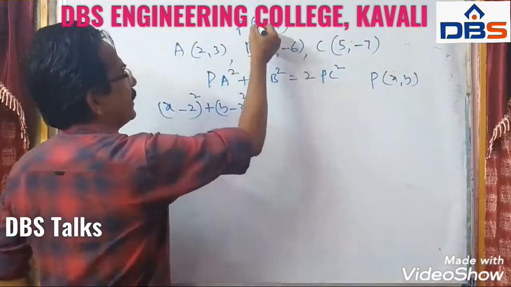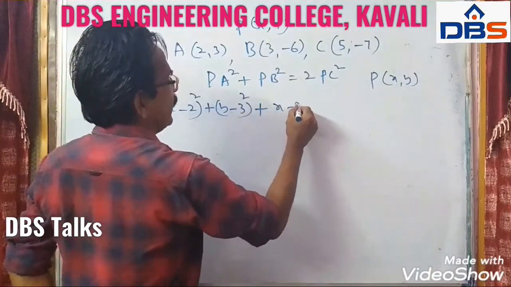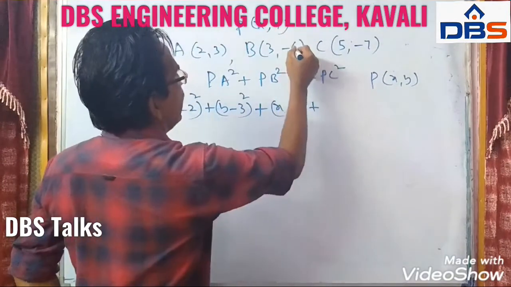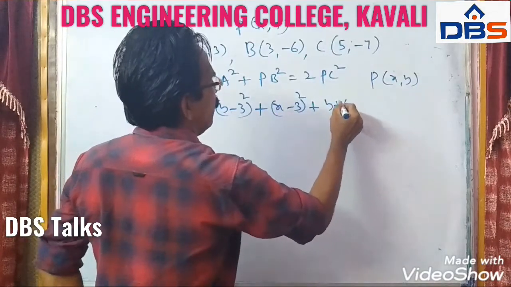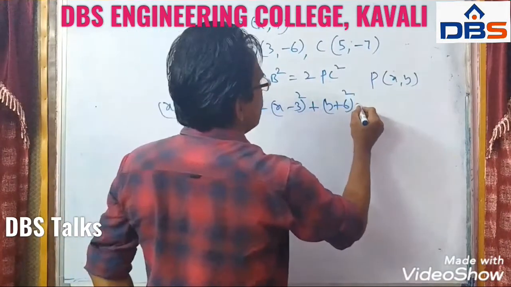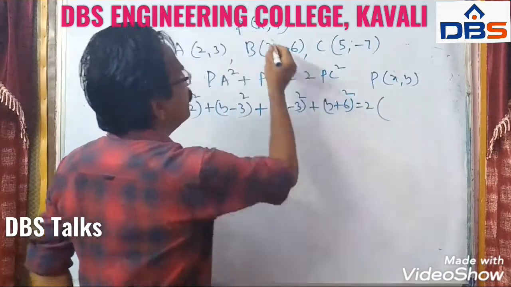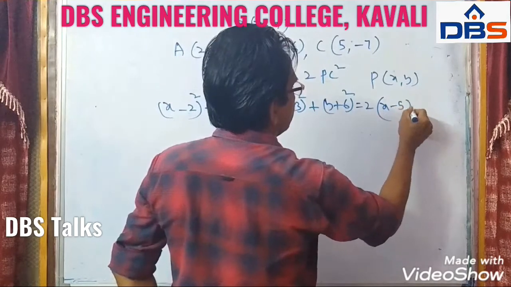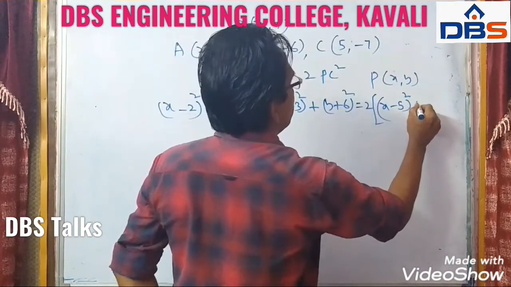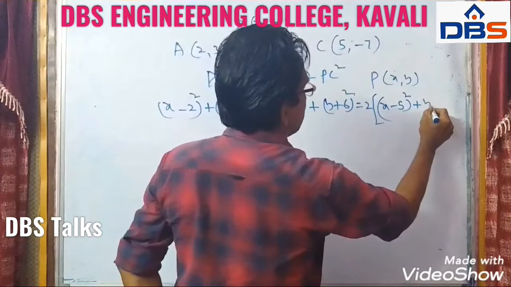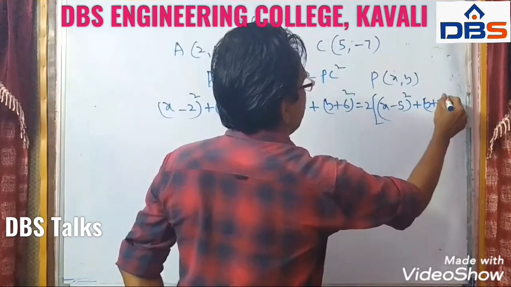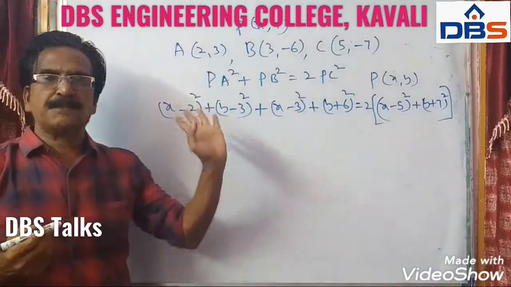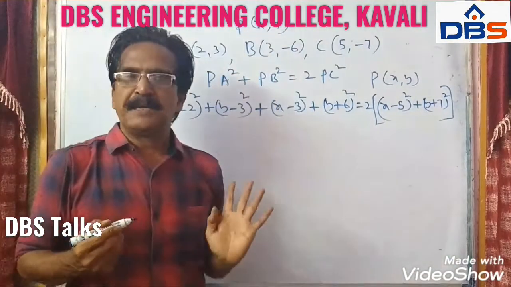Plus PB square, (x minus 3) whole square plus (y minus of minus 6, y plus 6) whole square, is equal to 2 into PC square, (x minus 5) whole square plus (y minus of minus 7, y plus 7) whole square. This is the condition, friends. PA square plus PB square is equal to 2 into PC square.